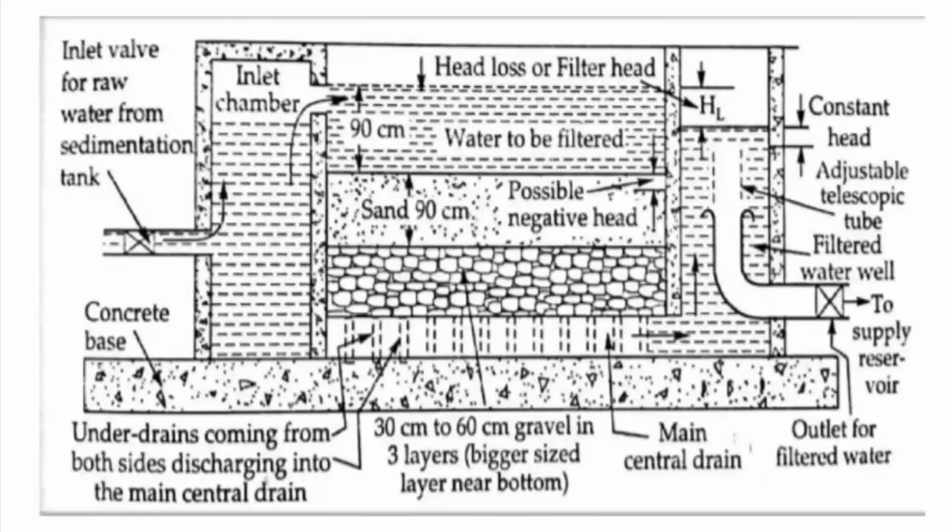This is the working of a slow sand filter. Next stage is the cleaning process. As I already told, if the head loss in the filtered water well is between 0.7 to 1.2 meter, we have to clean the filter media.